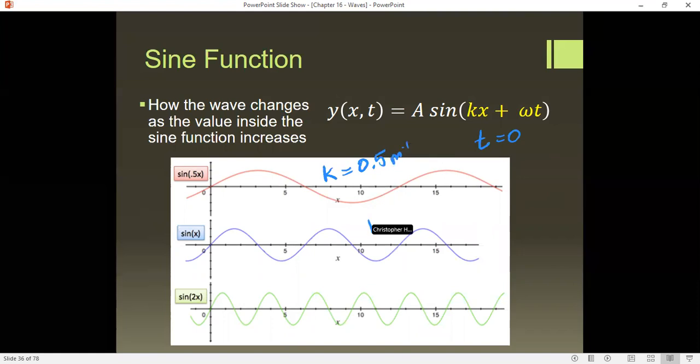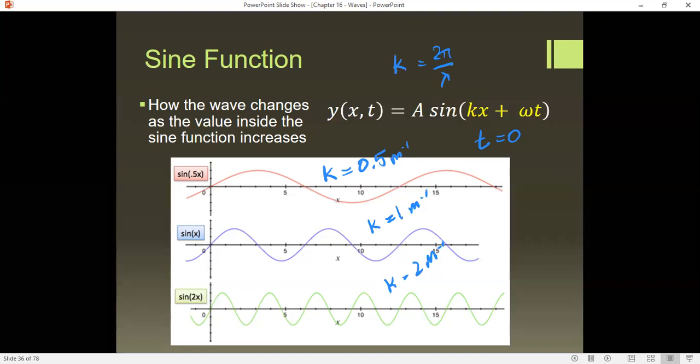Here's a k value of 1. And here's a k value of 2. See what's happening? The wavelength's getting smaller. We know that k is equal to 2 pi over the wavelength. And as the k gets larger, the wavelength gets smaller. The number of peaks that we have for a given distance gets larger and larger.